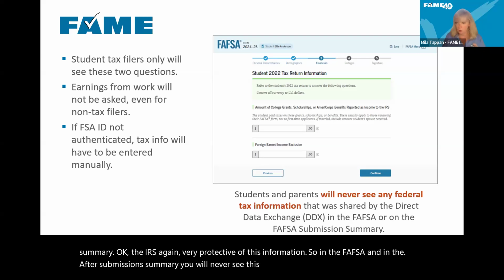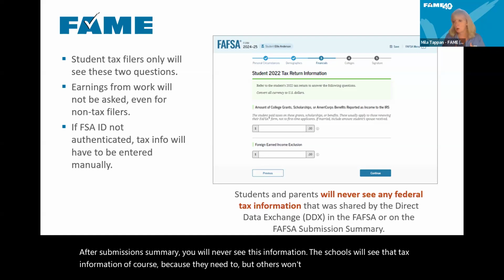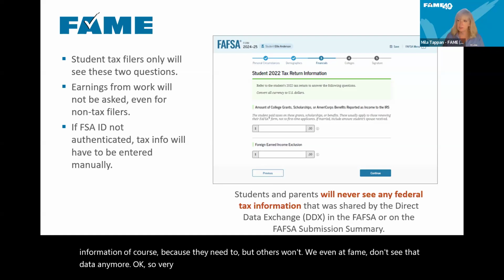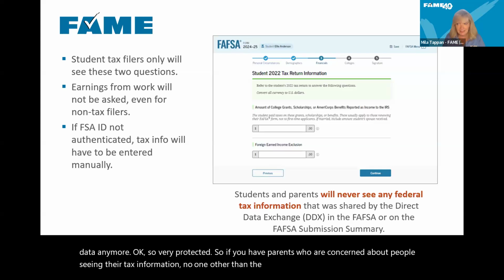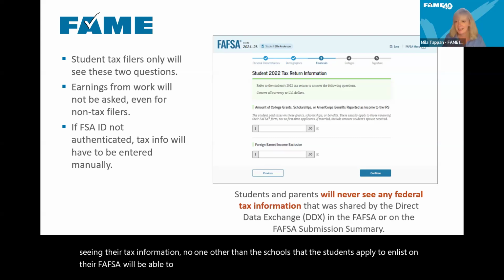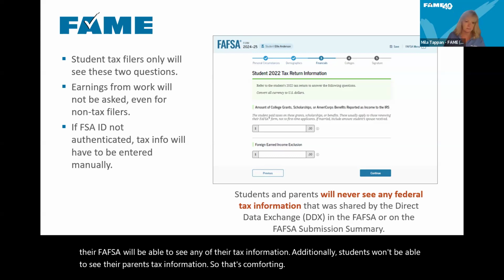The schools will see that tax information, of course, because they need to, but others won't. We, even at FAME, don't see that data anymore. So if you have parents who are concerned about people seeing their tax information, no one other than the schools that the students apply to and list on their FAFSA will be able to see any of their tax information. Additionally, students won't be able to see their parents' tax information. So that's comforting to some parents.